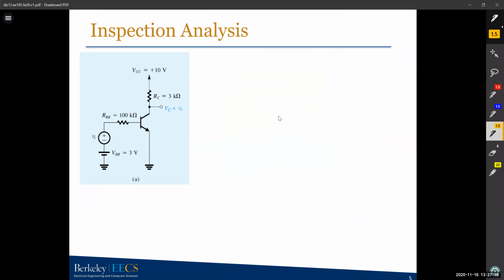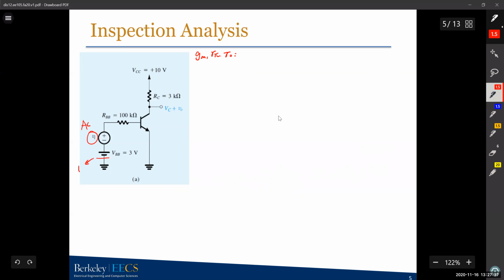And for this, nothing is given. You have to find gm, r pi, r naught, all by yourself. So first, we have to find the DC biasing point of the circuit. VI here is AC, but we have a DC VBB. So let's find the DC biasing point first.